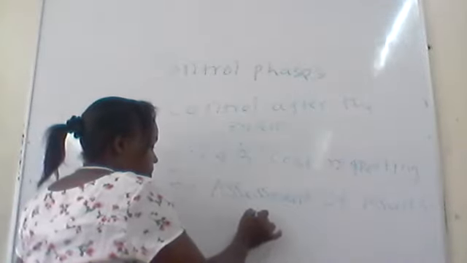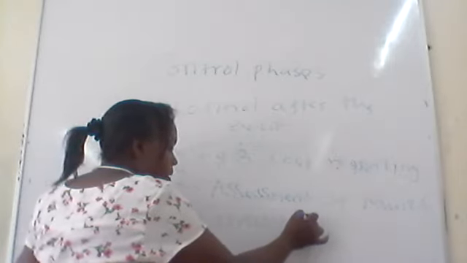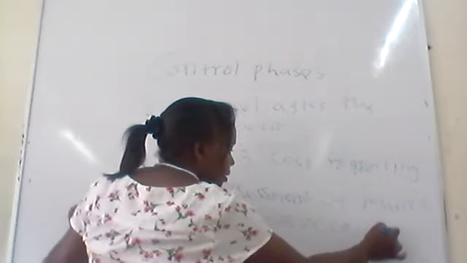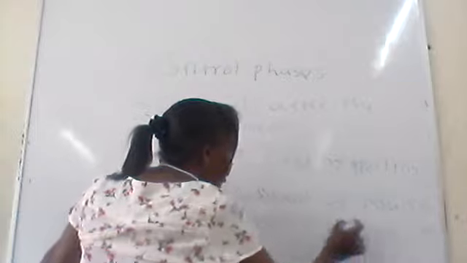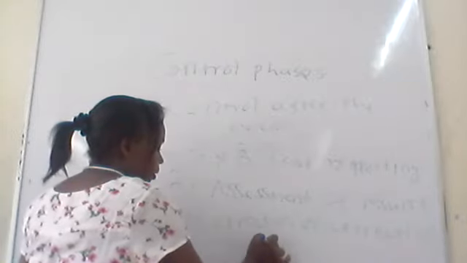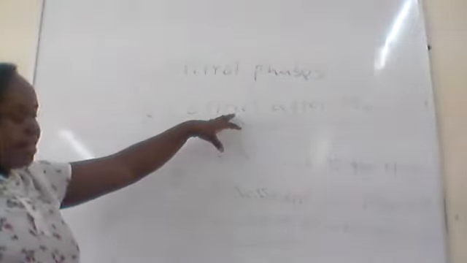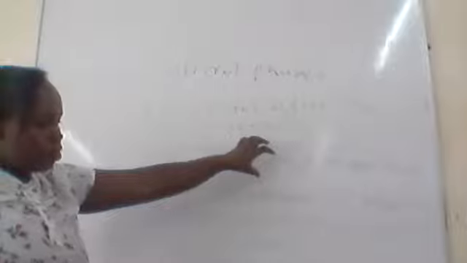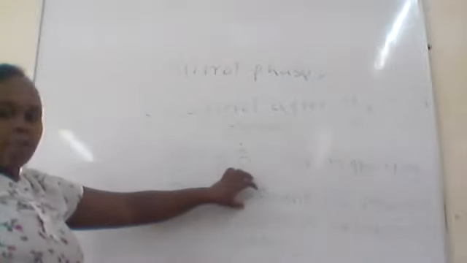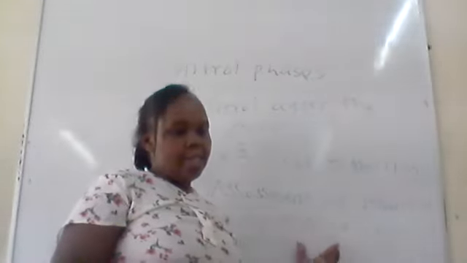And the last thing is the correction or corrective action taken. So, in the control after the event, there are three things: food and beverage cost reporting, assessment of results, and correction or corrective action taken.